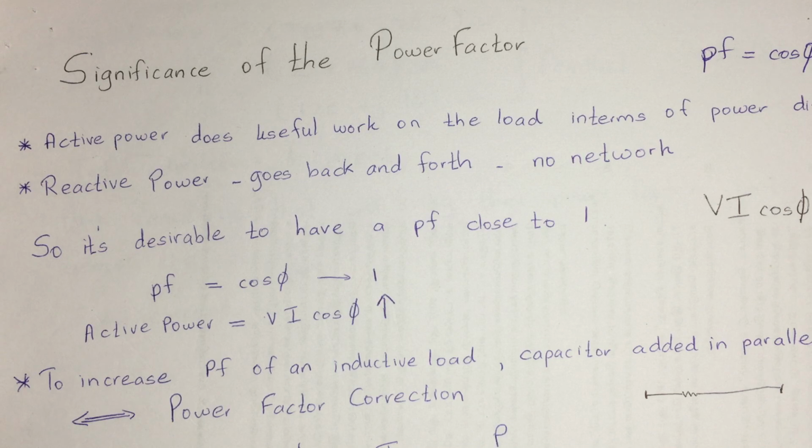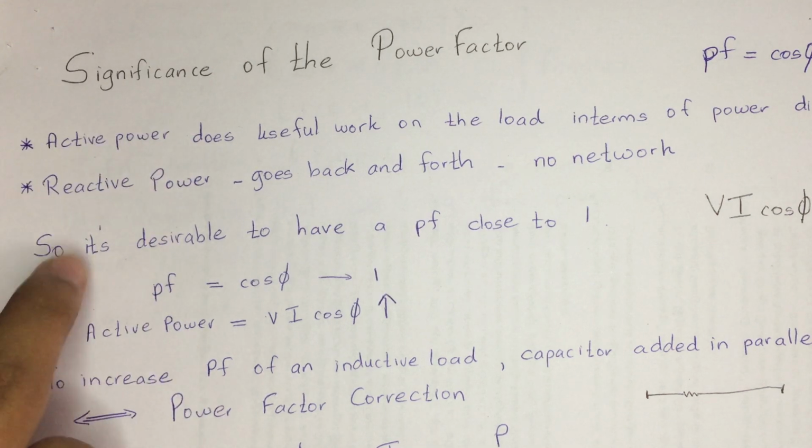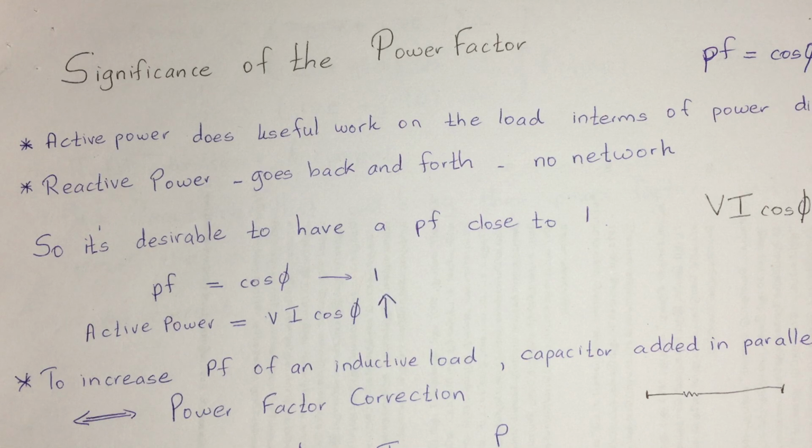It's going to store and return that energy to the electrical circuit. We can't get it from that. However, the resistor is going to dissipate that energy to us. So that's the meaning. It's desirable that the active power is as close to the highest value as possible.